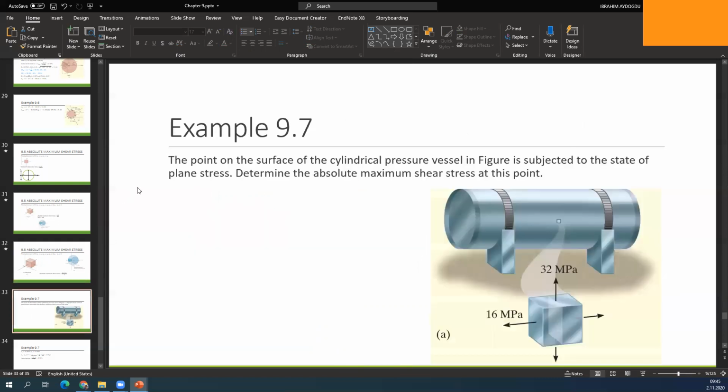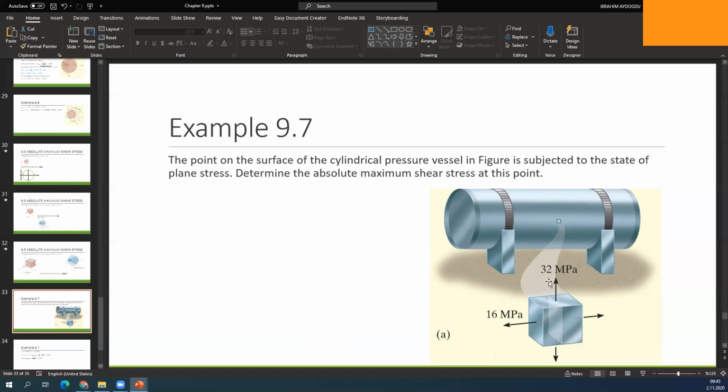So let's practice with a small example, 9.7. At this point on the surface, the cylindrical pressure vessel shown in this figure is subject to a state of plane stress. That means stresses in the 2D case, but we are considering the absolute maximum shear stress at this point.